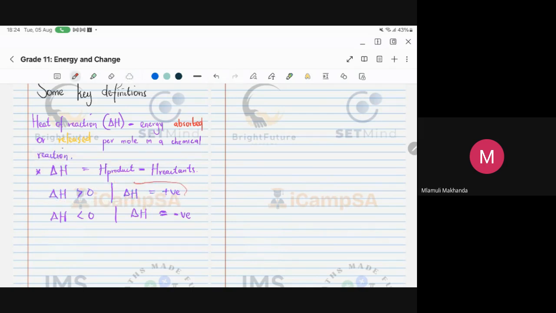However, if energy is released, delta H will be negative.